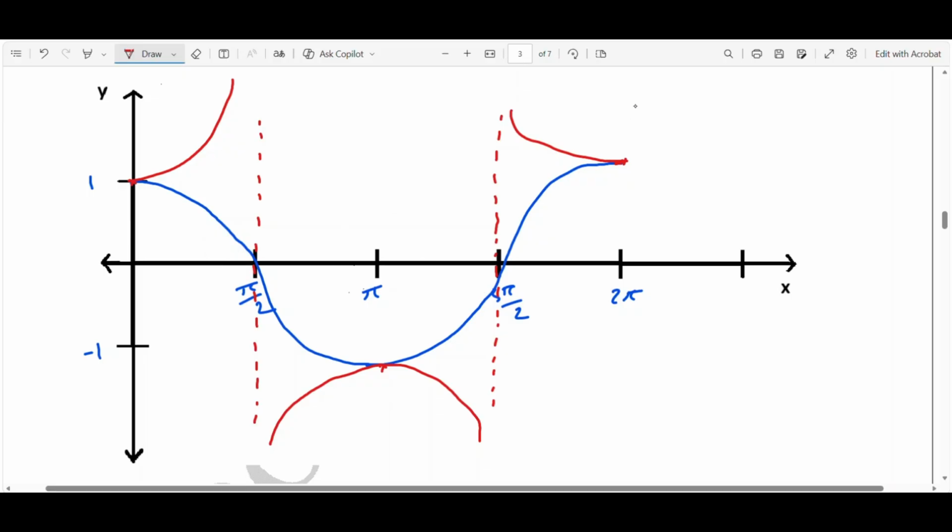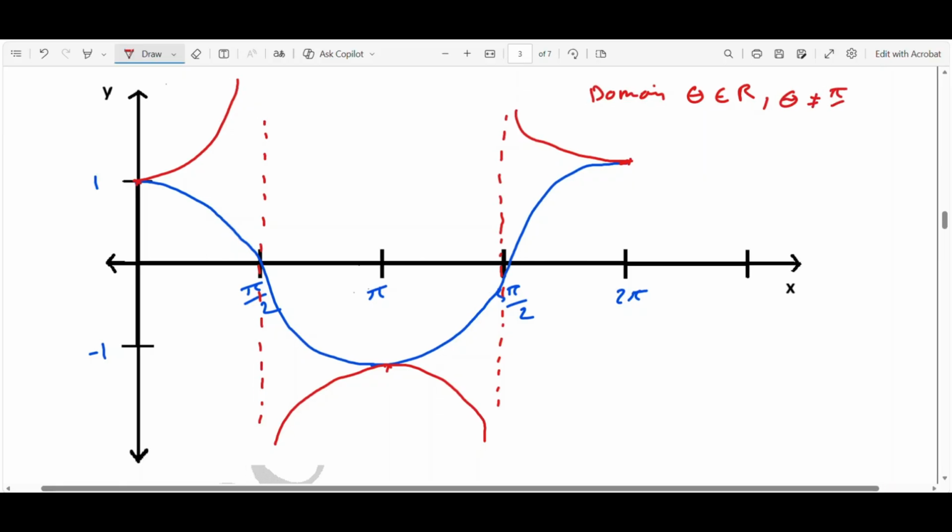For secant, the domain, if I didn't give you a restricted one, is always theta belongs to R, but theta should not be equal to pi over 2, 3 pi over 2, and so on, the odd multiples of pi over 2.